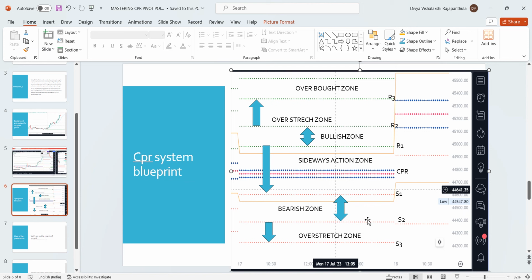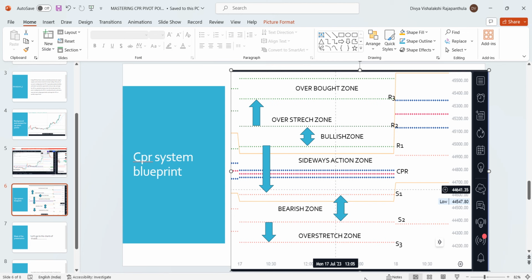I will discuss it later in this video. And this is the overstretch zone. I don't recommend my students take trades at the overstretch zone or oversold zone. I haven't placed the oversold zone here due to space constraints, but this is the oversold zone.